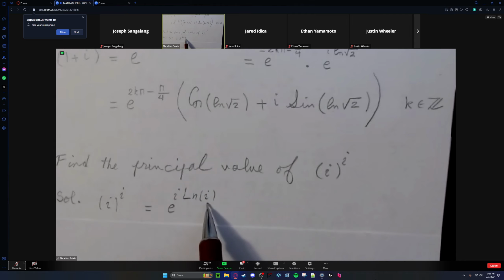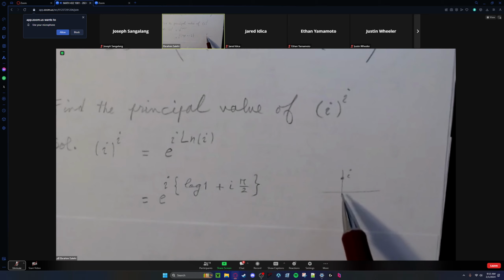I need the logarithm of i. Remember, here is i. Its modulus is 1. Its principal argument is pi over 2.